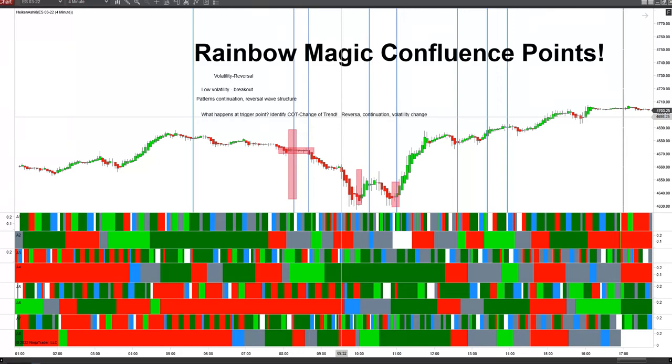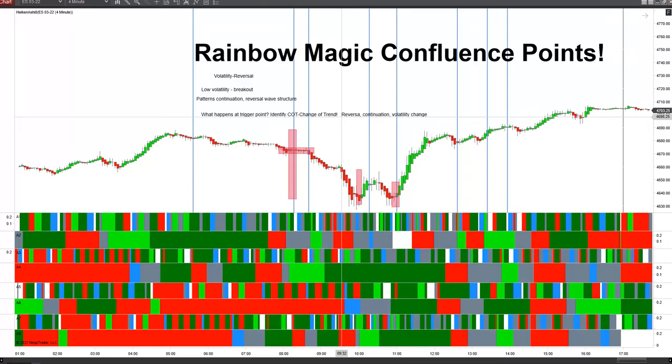It can be a reversal, it can be a continuation, or it can be a change in volatility, meaning we're going from a move up or down into a consolidation, or vice versa.